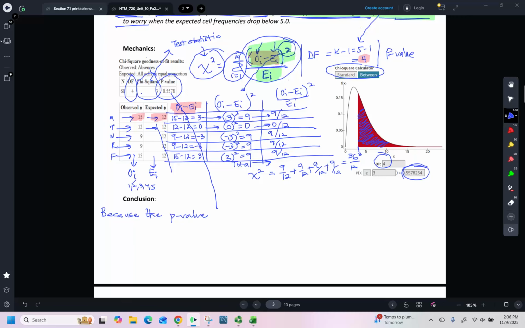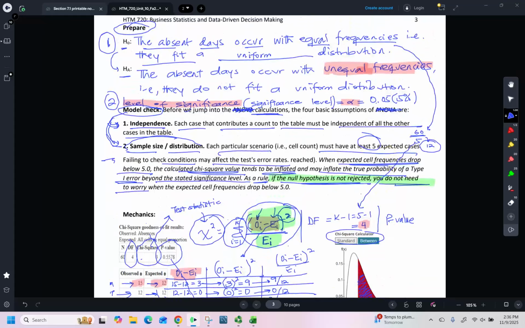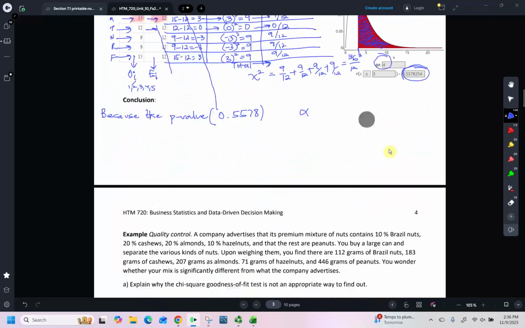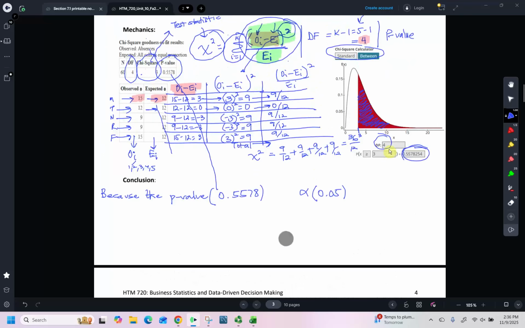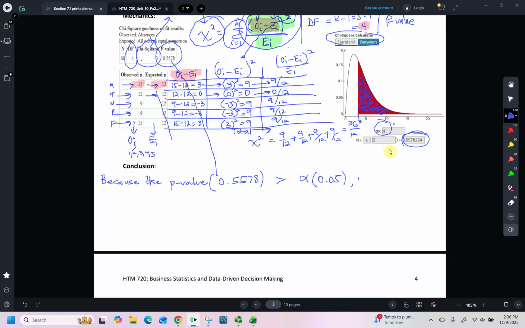Our p-value was 0.5578 compared to our level of significance of the test, which is alpha, that is 5%, so this is 0.05. What is the relationship? The p-value is far exceeding the alpha, so we fail to reject the null hypothesis in favor of the alternative.